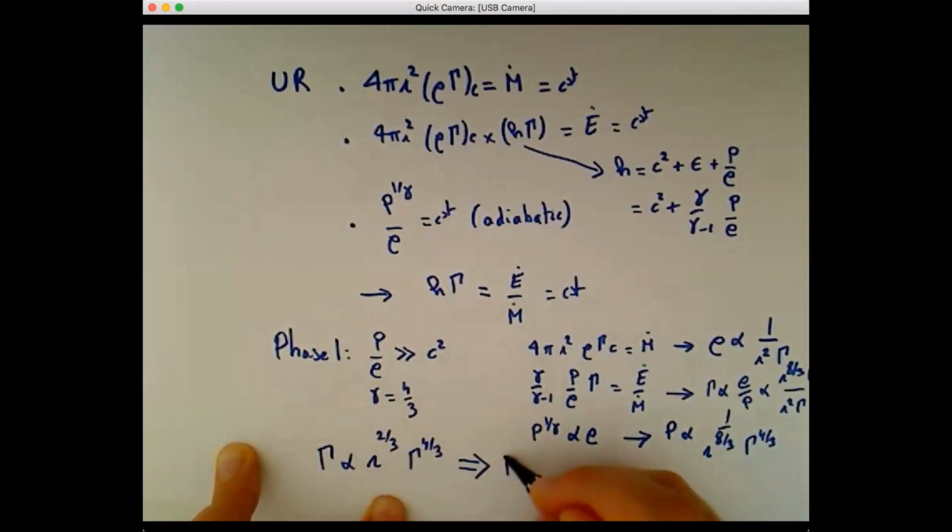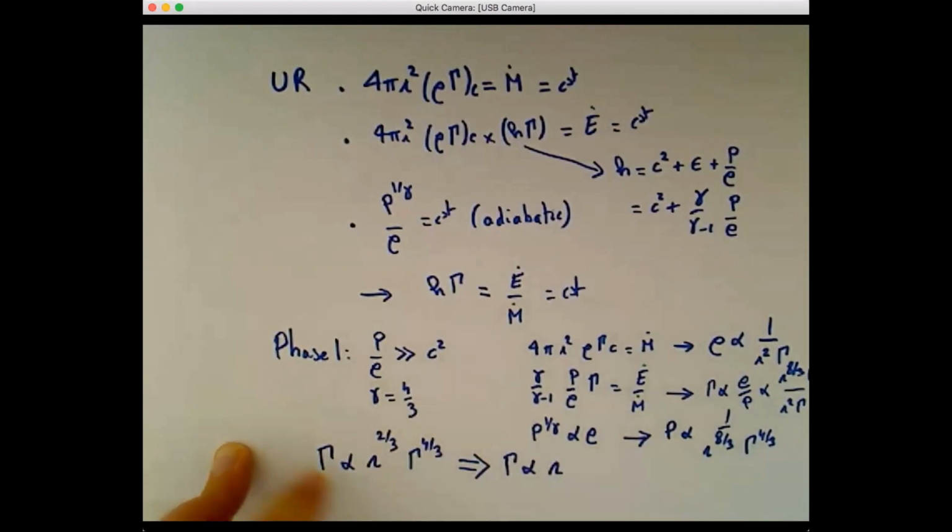And so finally, gamma is proportional to R. If gamma is proportional to R, it means that I have an acceleration. I start from a very low Lorentz factor, and then in this simple fireball model, the Lorentz factor is just increasing linearly with the radius.